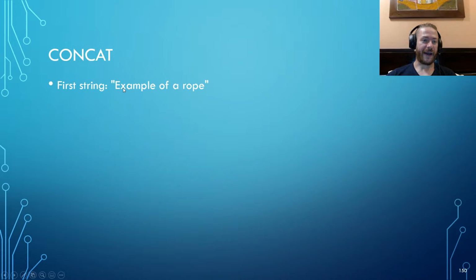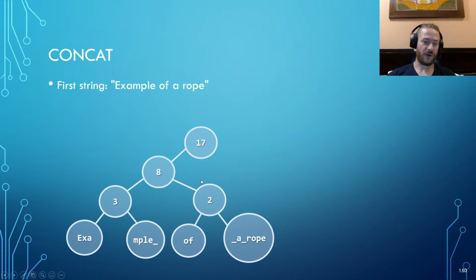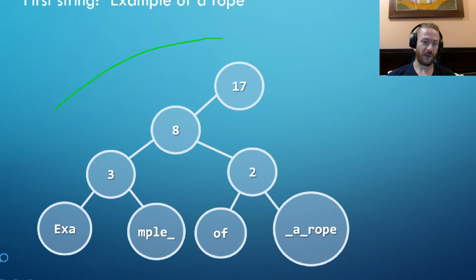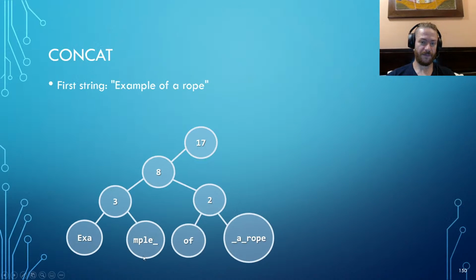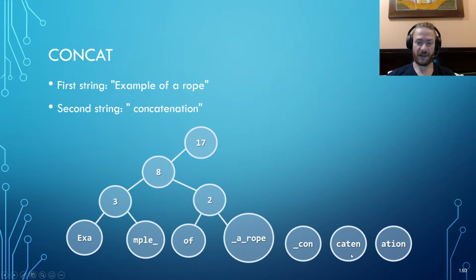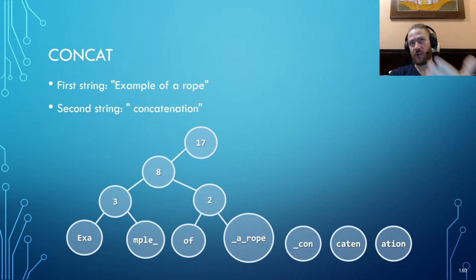Here is how we can concatenate to an example of a rope. Our rope currently, here it is, and a second string which is the concatenation. So we need to split the concatenation in terms of characters. Again, in a production rope, this should be, for example, 100, 112. Usually it's around 100.